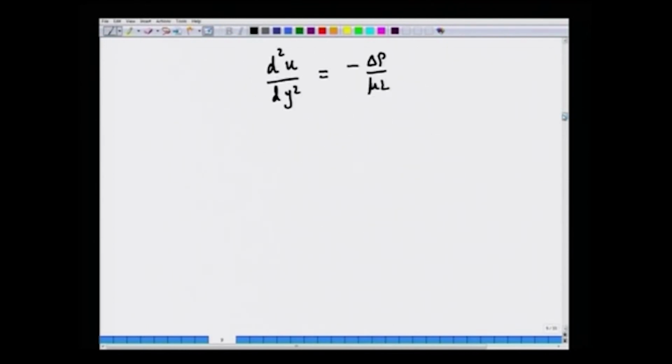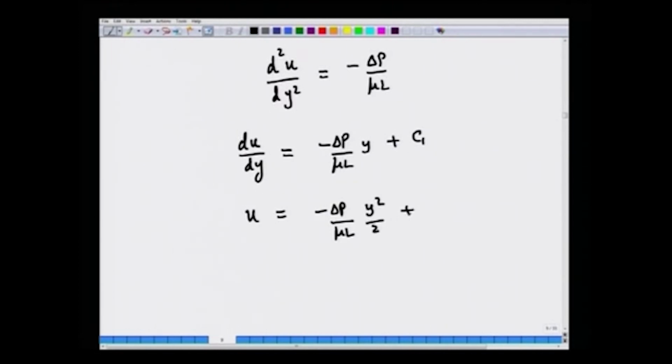So, I have to integrate this twice with respect to y. If I integrate this once with respect to y, du dy is minus del p by mu L times y plus c 1, or u is minus del p by mu L times y squared by 2 plus c 1 y plus c 2.